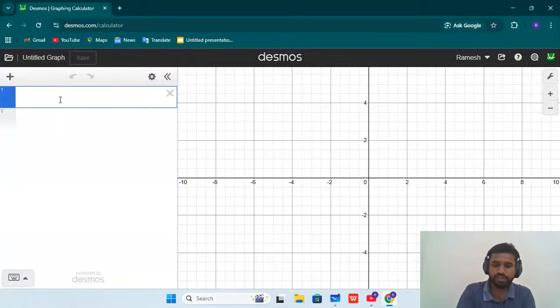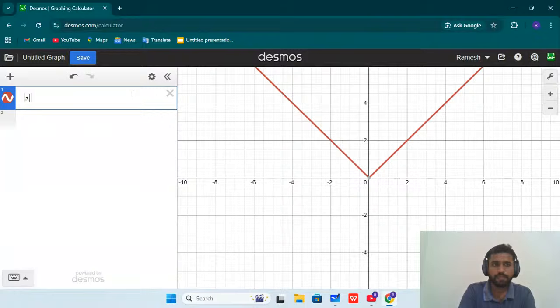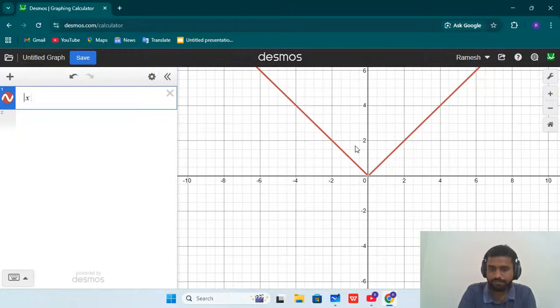Suppose I enter y equals mod x. Yes, here it is. This is the graph of y equals mod x. You can see it in the red line.